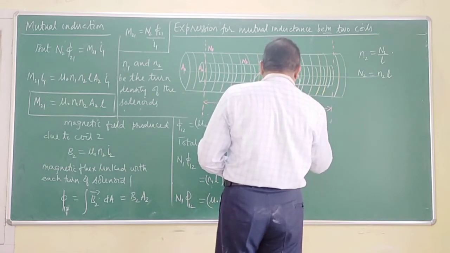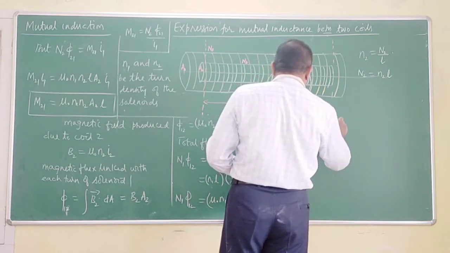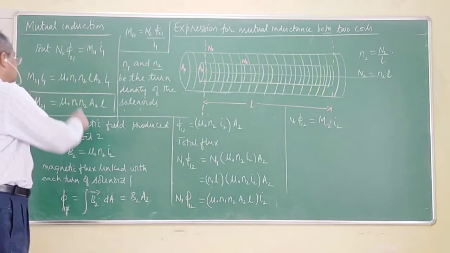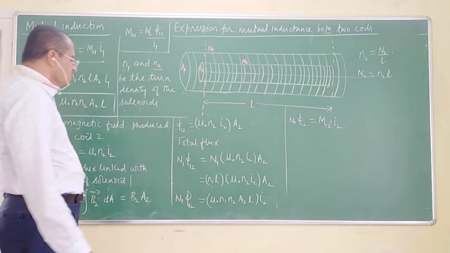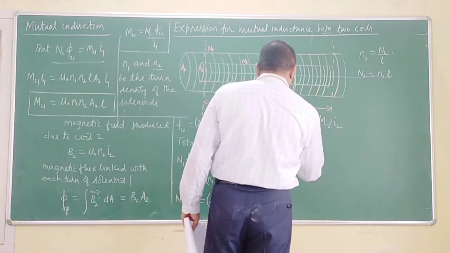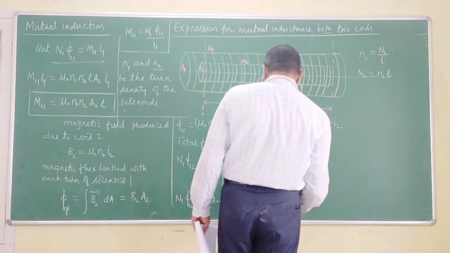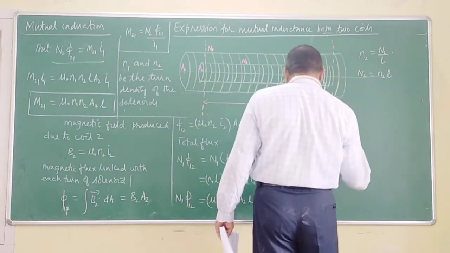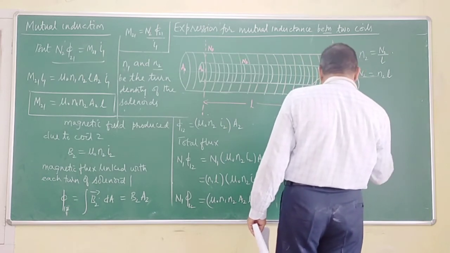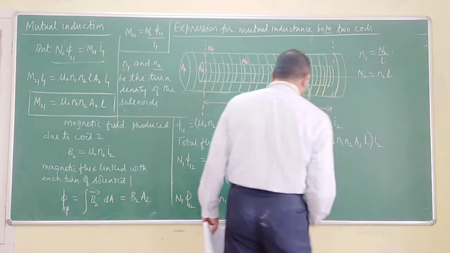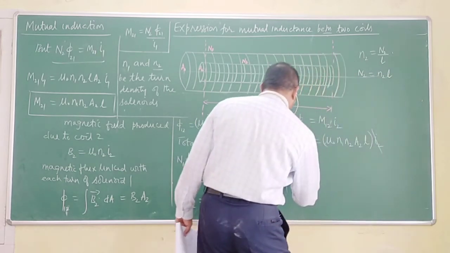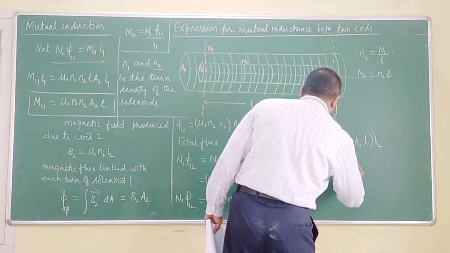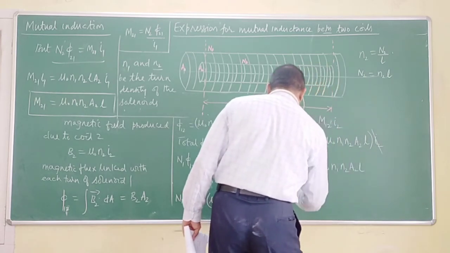N1 phi 12 can be written as M12 into I2, mutual inductance. Therefore, M12 I2 is equal to mu naught n1 n2 A2 L into I2. I2 goes off. We get M12 is mu naught n1 n2 A2 L.